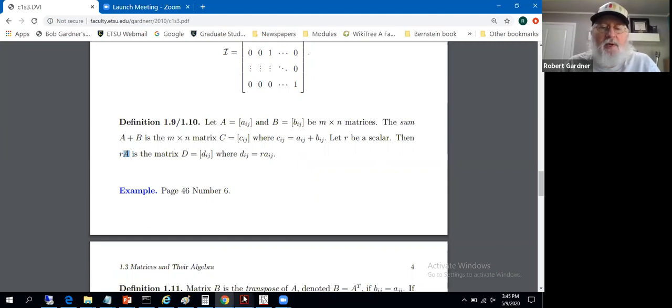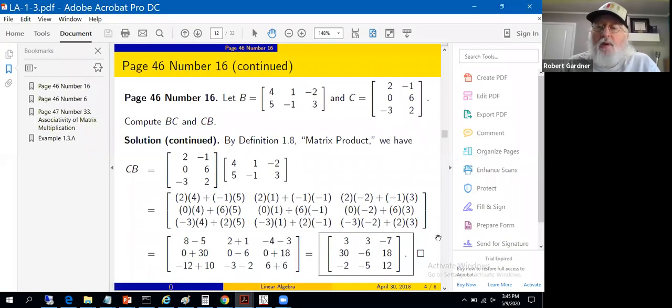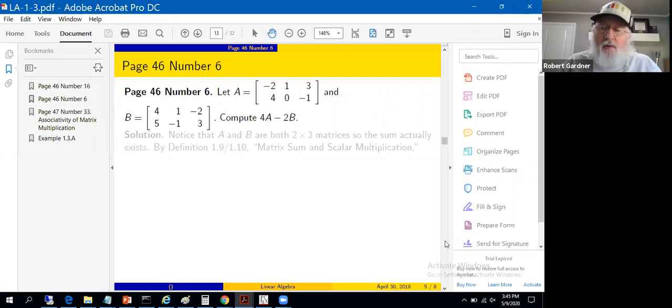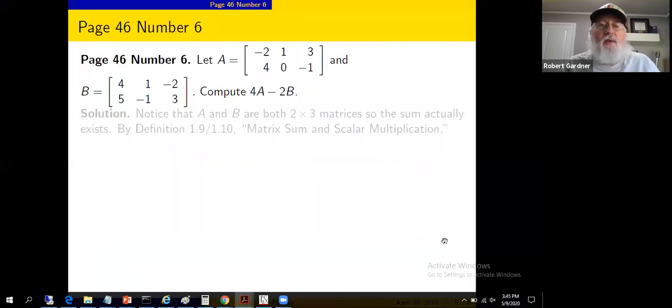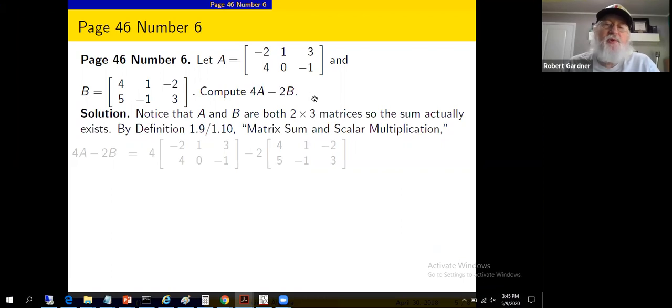All right, let's look at another example. Number 6. They give us two matrices and ask us to do some scalar multiplication and some vector subtraction. Subtraction really isn't a legitimate mathematical operation, neither is division.